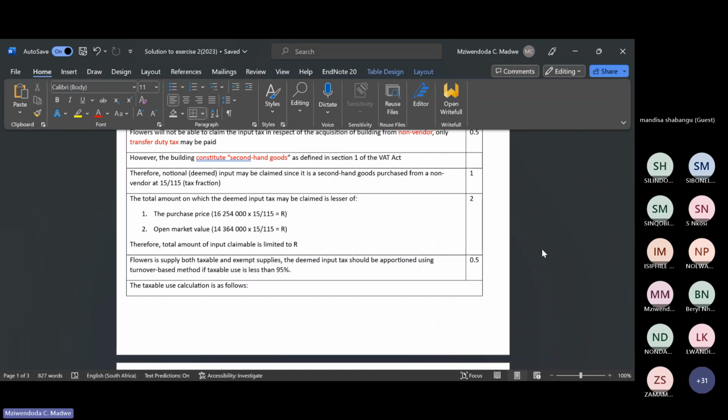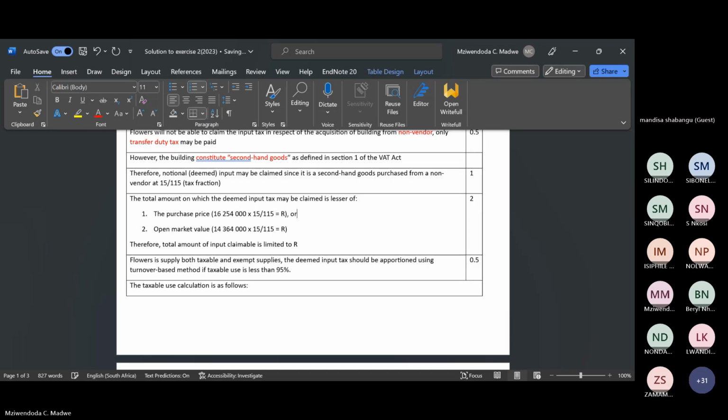It indicates to us that the input tax is calculated at the lesser of consideration or open market value.